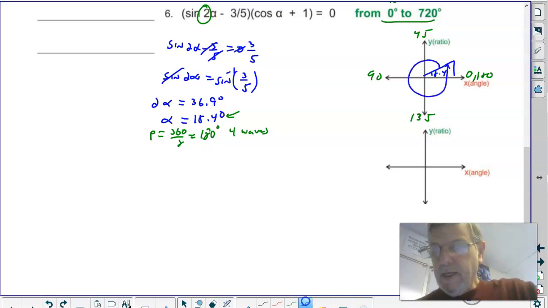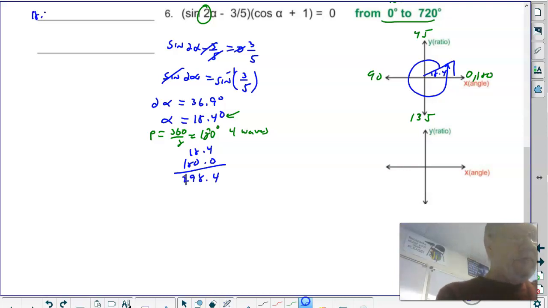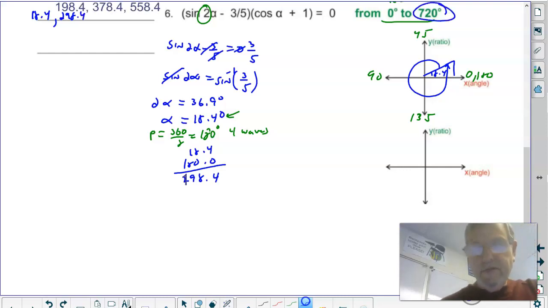Go all the way around again. So that's 18.4 plus 180. So I'm kind of in the way here, so I'll do it down here. 180 more, and my second value is 298.4. Now I got to go all the way to 720.